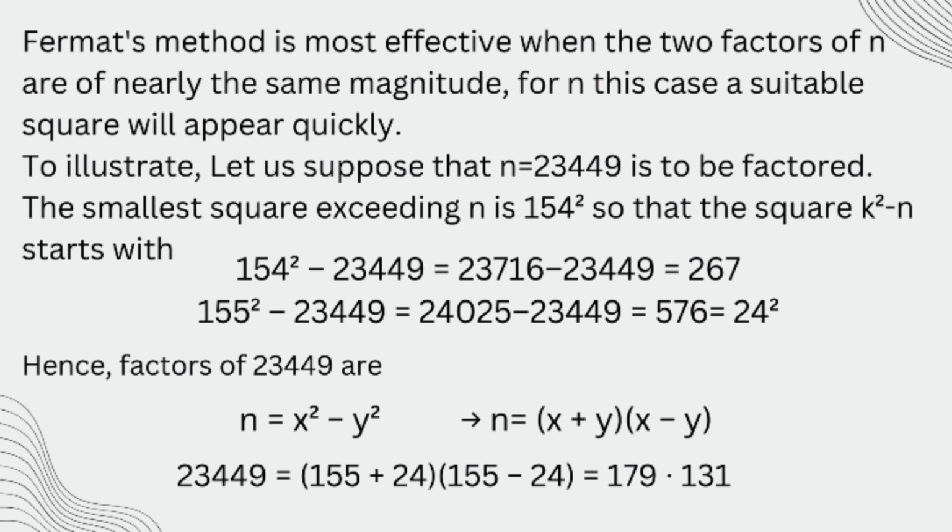Kaya magiging 23,449 is equal to 155 plus 24 times 155 minus 24. And then 155 plus 24 is equal to 179, and 155 minus 24 is equal to 131. 179 times 131 is equal to 23,449. That is equal to n, which is 23,449.